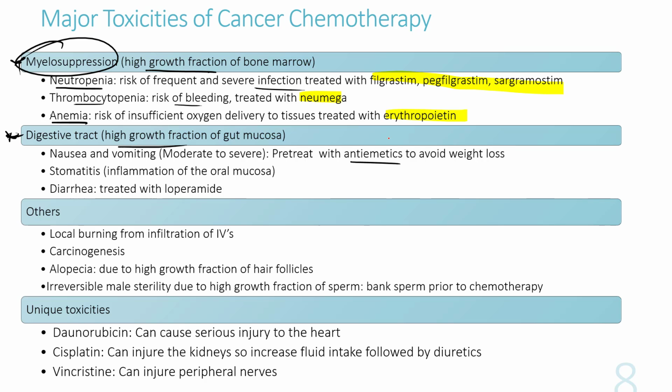If they're more likely to eat, they're less likely to lose weight, right? Weight loss is one of the big things with people living with cancer, because it reduces their ability to fight the cancer, and it reduces their overall stamina.